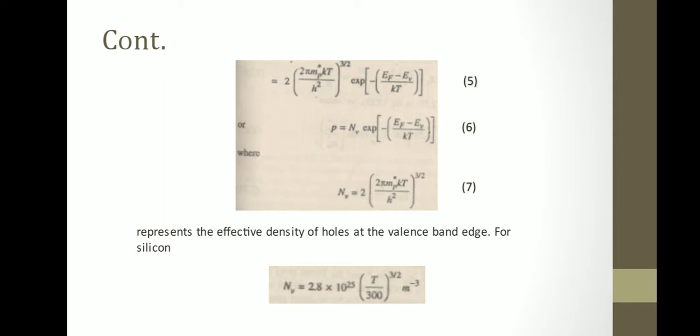For silicon, Nv = 2.8 × 10^25 (T/300)^(3/2) per m³.